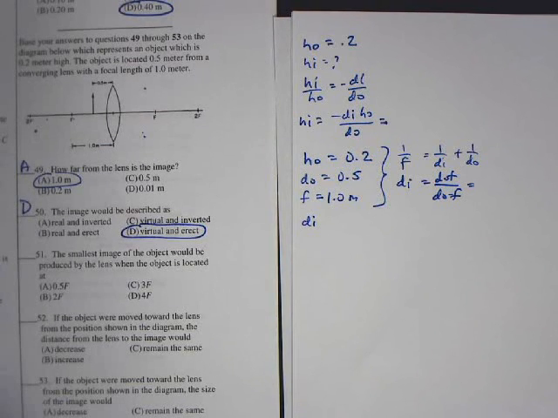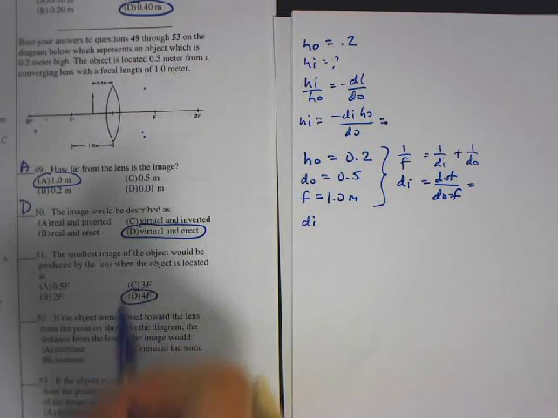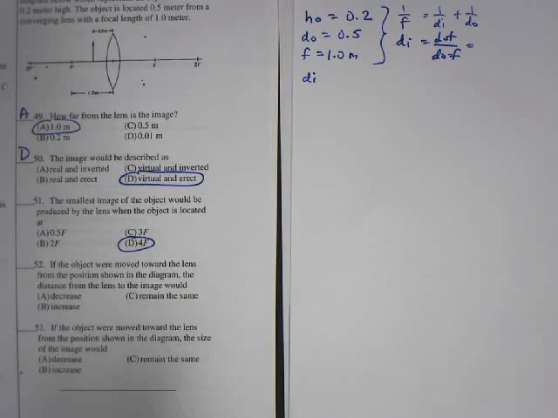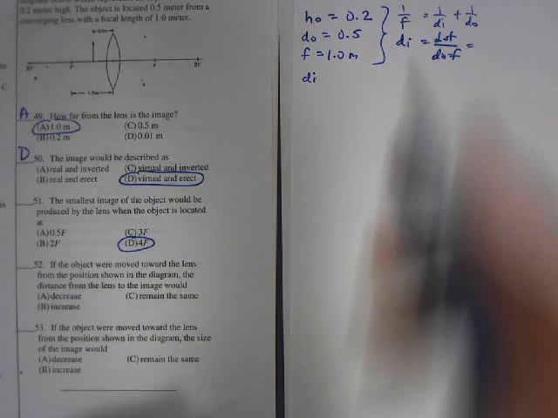The smallest image of the object would be located when the object is at 4F. And again, this has to do with understanding the characteristics of it. You don't want to sit here and put numbers in because you don't have time to do that during the test.